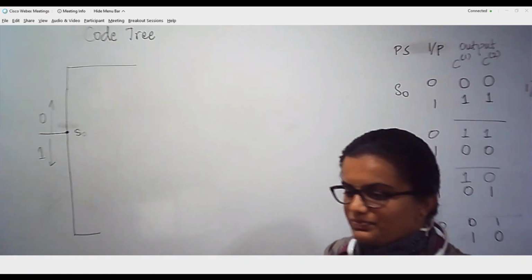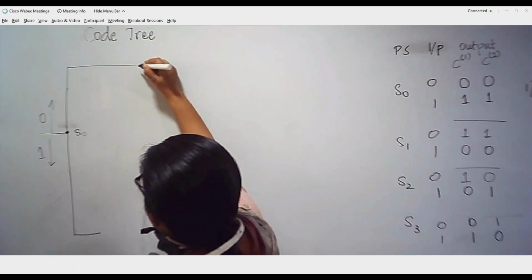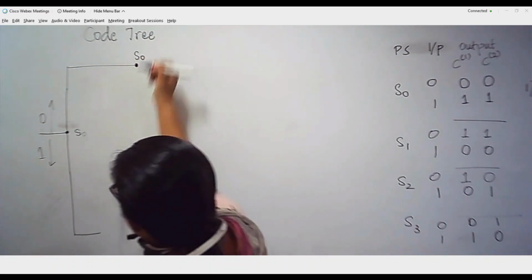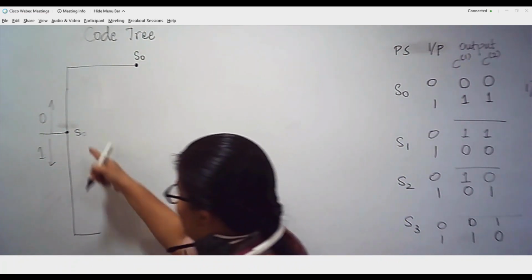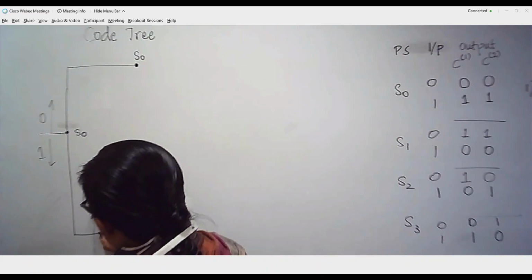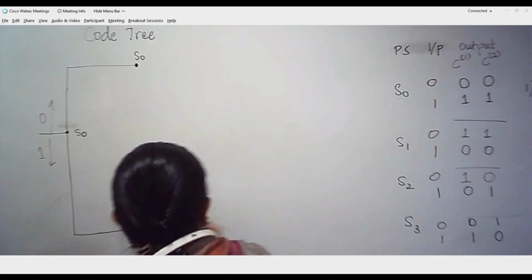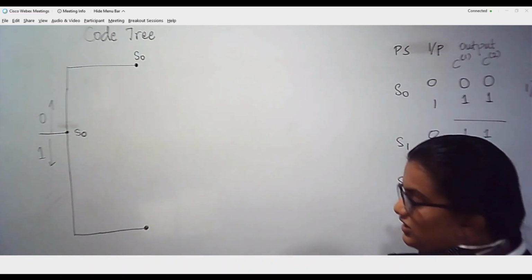Now observe carefully. When I give a 0 input, the transition sits again at S0. Whenever I give the input as 1, it goes and sits at the next state.